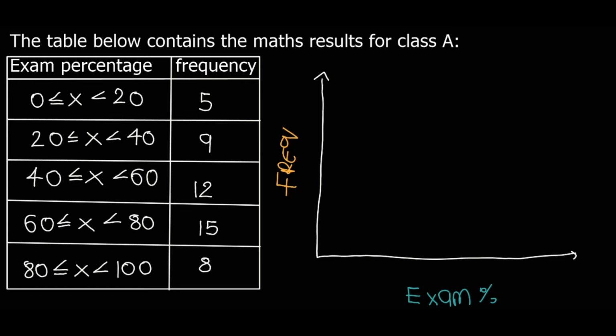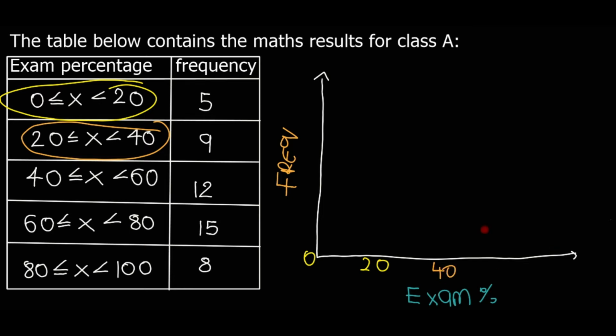Now let's see something. 0 to 20: because this is the exam percentage, 0 to 20 here. This is 0, and here I can say it's 20. Then you go on to 20 to 40, so it's from 20 to 40.